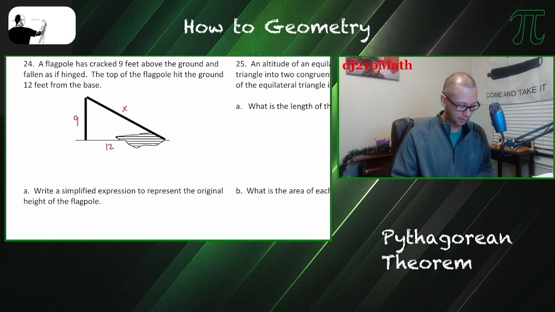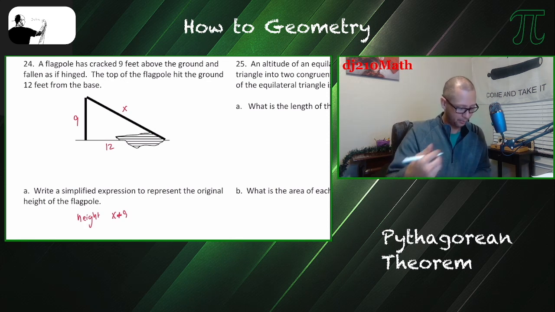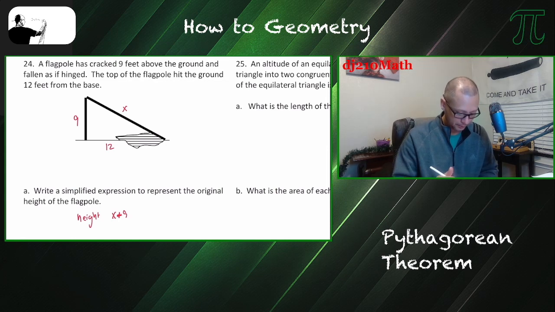So the unknown side. Okay, well, the original height of the pole is going to be x plus 9. Right, 9 feet off the ground, and then however long the pole is. But let's figure out the exact length of the pole, shall we?